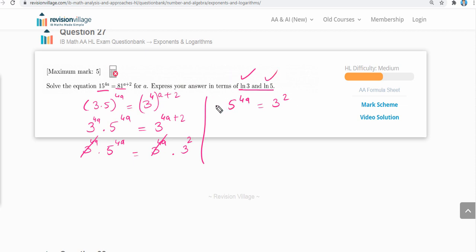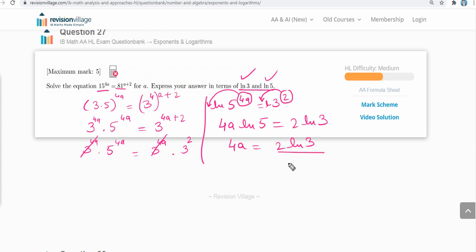Now because we have to represent the answer in ln3 and ln5, what we do is we'll take ln on both sides. So ln of this number, ln of this number, and after this I'll apply the property of the log, that whatever is the exponent, it will come before the log. So on the left side I will have 4a ln5 equals, on the right side this 2 will come over here, so it will be like 2 ln3. So my 4a will become equal to 2 ln3 over ln5, and I'll also shift this 4 to the right side, so it will be like 4 ln5.